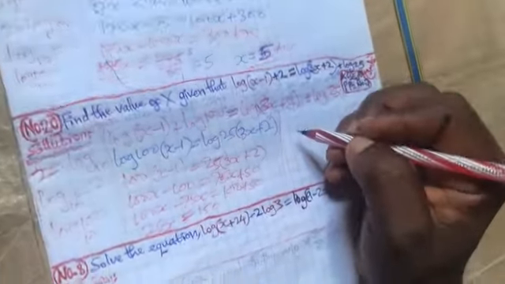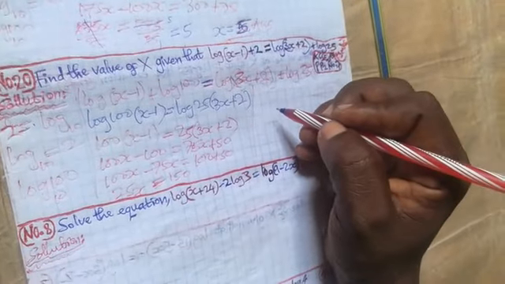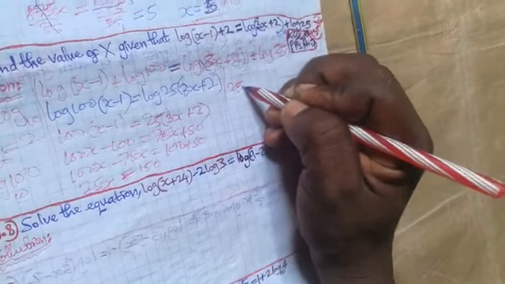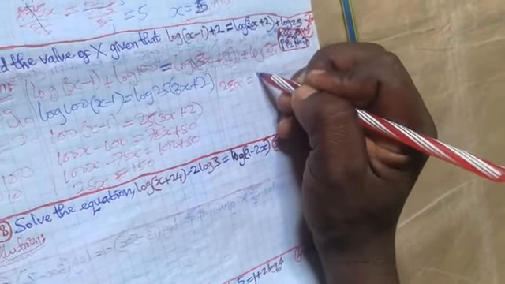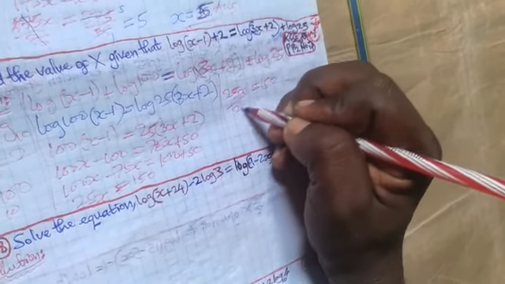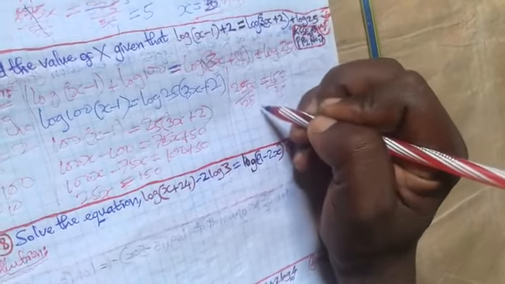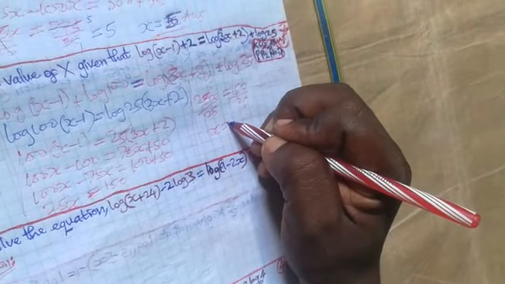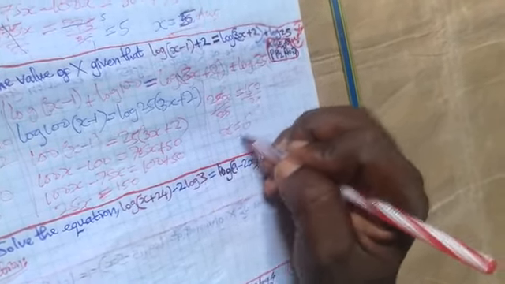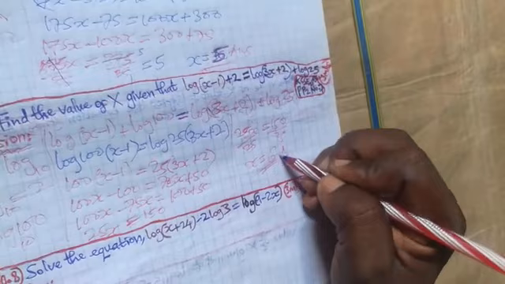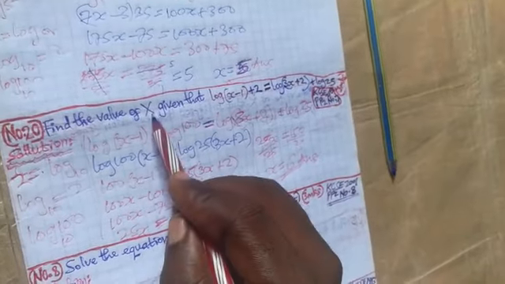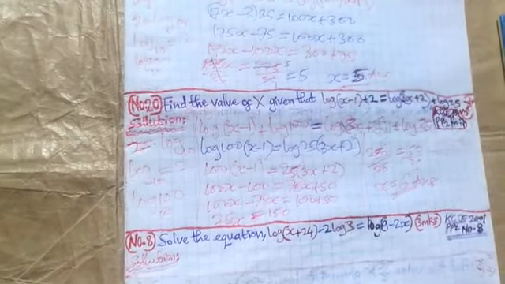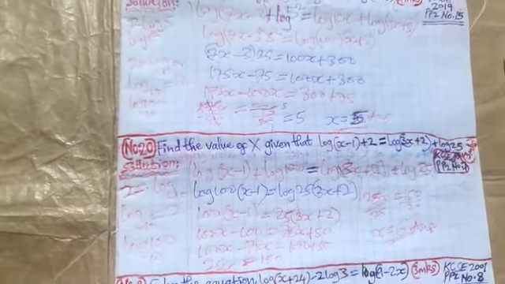Dividing 25 in both sides, x will be 6. And I think this is the answer because we are finding the value of x now. X is 6.